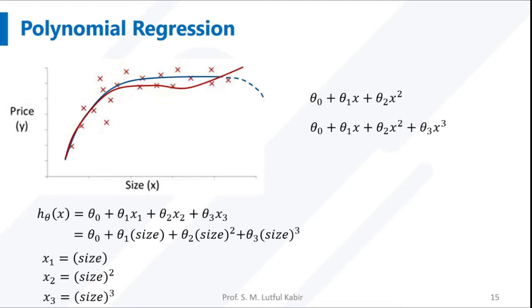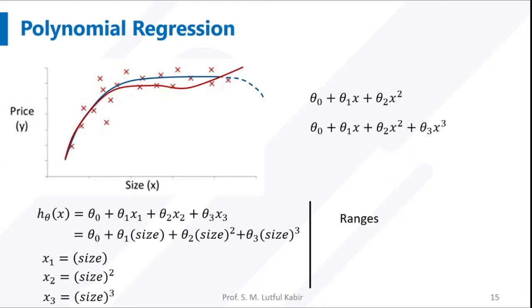The size is given, the size is the dataset that we have collected, but we can generate other features like size square and size cube in this case to have a higher order polynomial. One thing I should discuss is the range of the features.